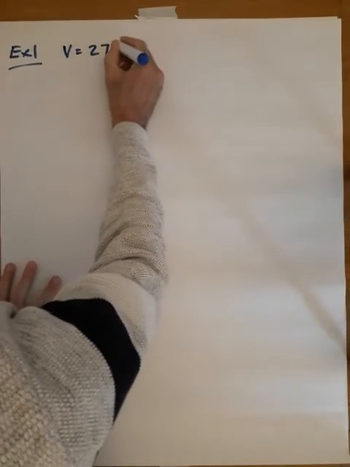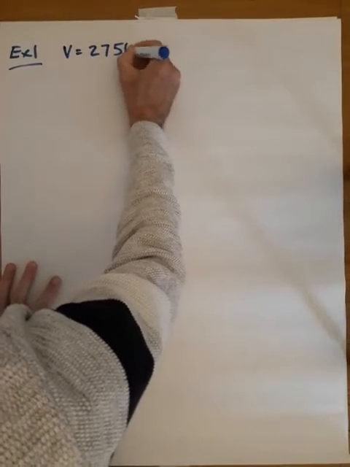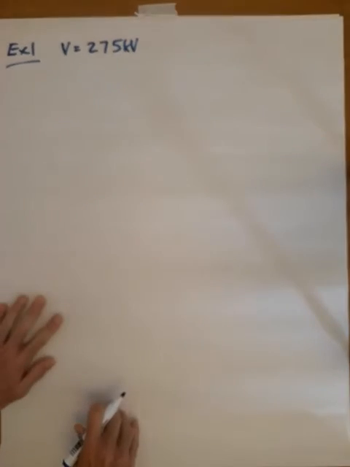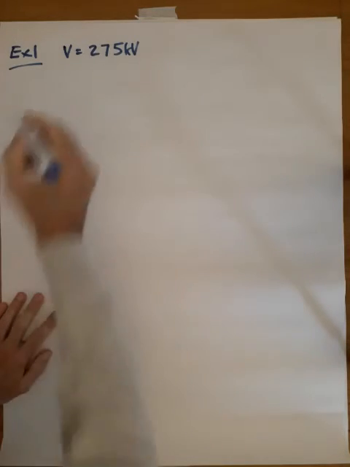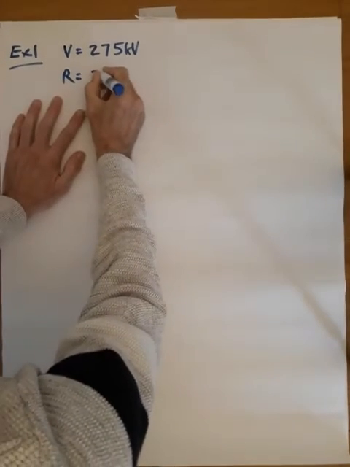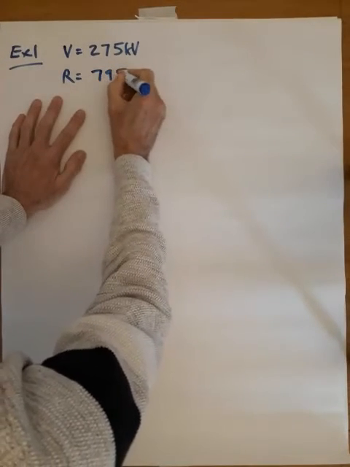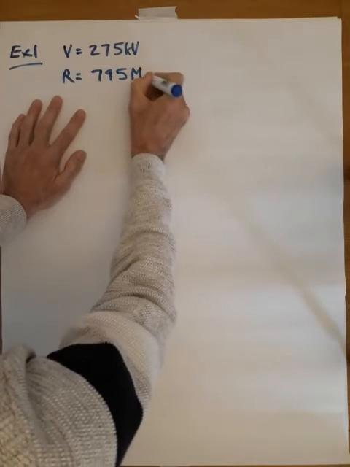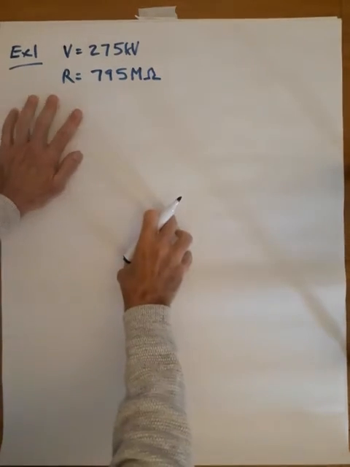So V equals 275 kilovolts. And the insulators holding that line have a resistance of 795 megohms. So R equals 795 megohms.